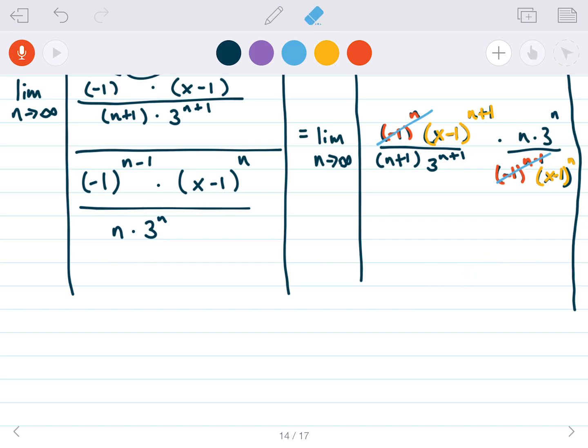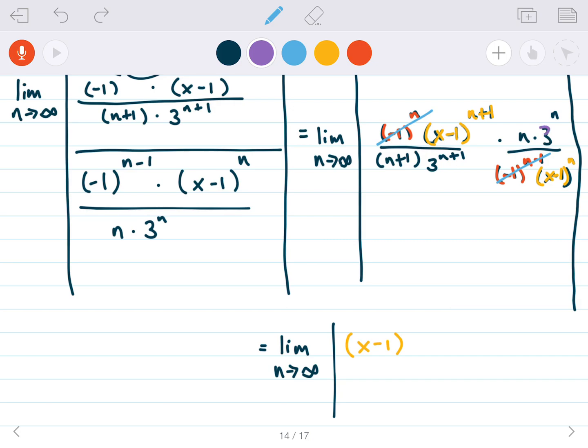So that turns into just x minus 1. Okay, so this is just x minus 1. And then what about the n? I can't really do anything with the n plus 1 because they're not the same bases, so we kind of just have to leave those alone for a second.